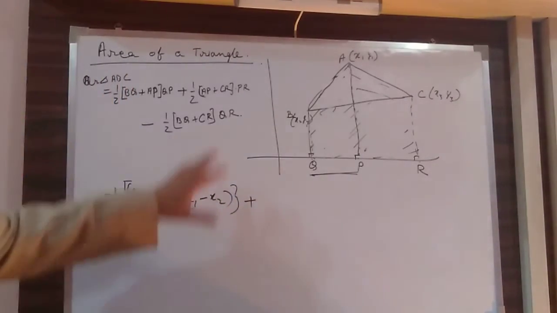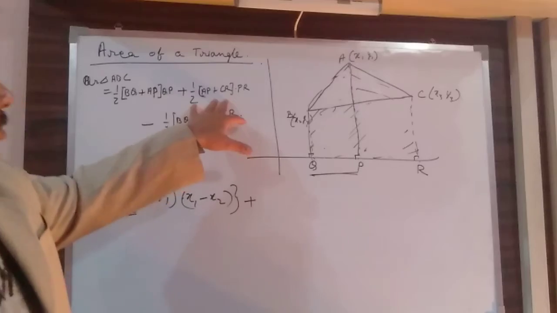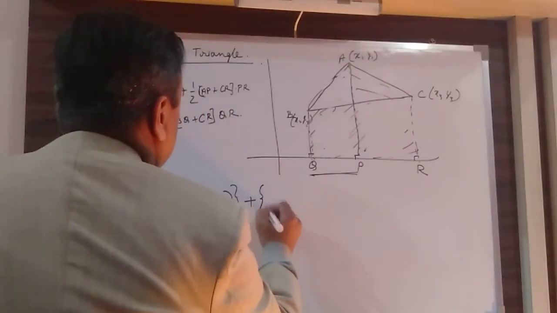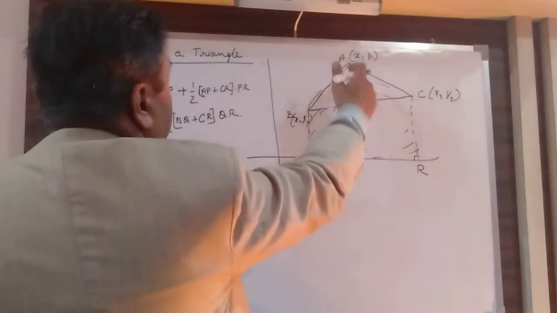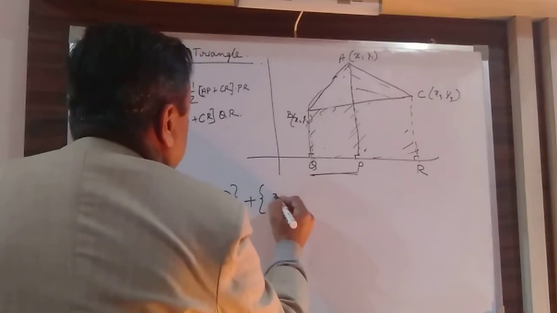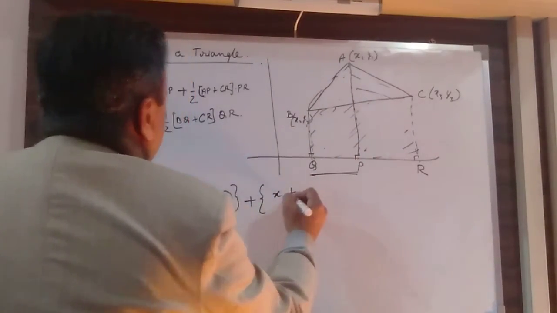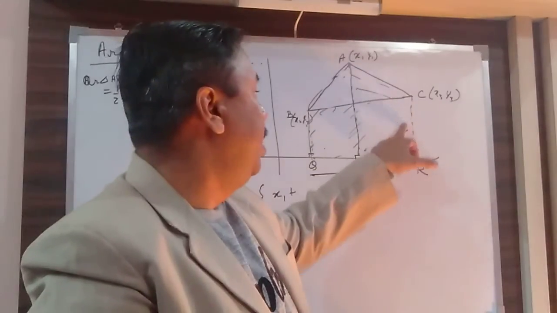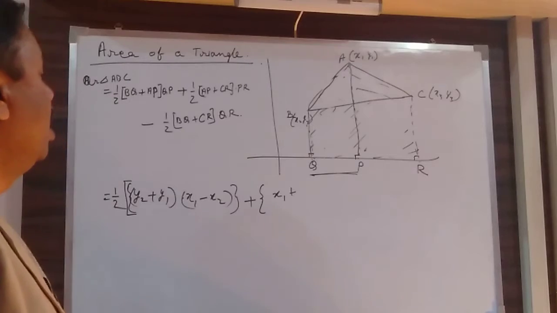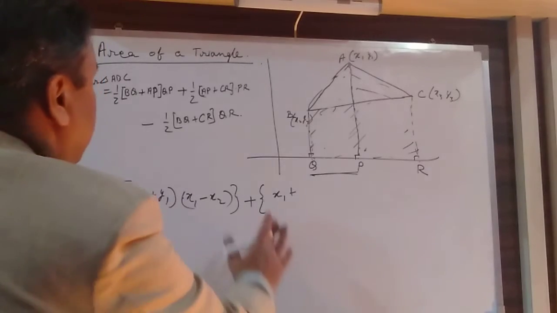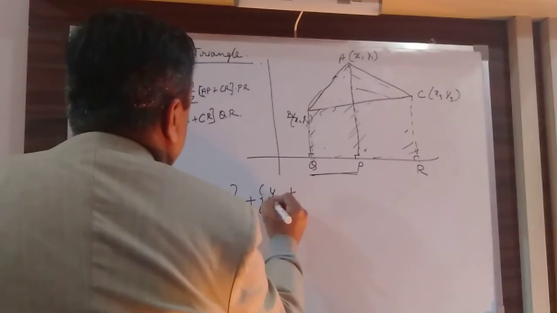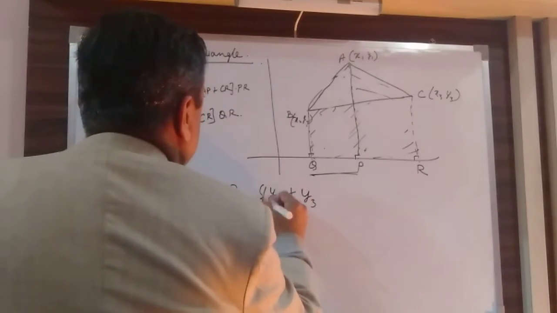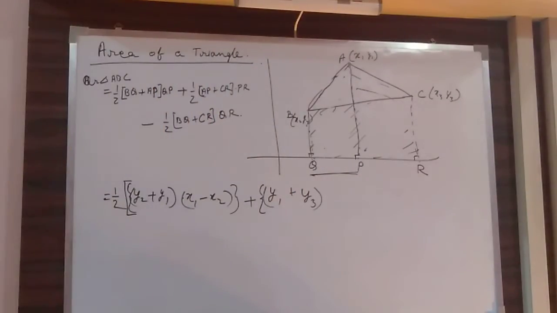Plus, let's come to the second term. In the second term, I have AP, which as I told you is y1, plus CR. CR, in a similar way, is the y coordinate, not x, so it is y3.